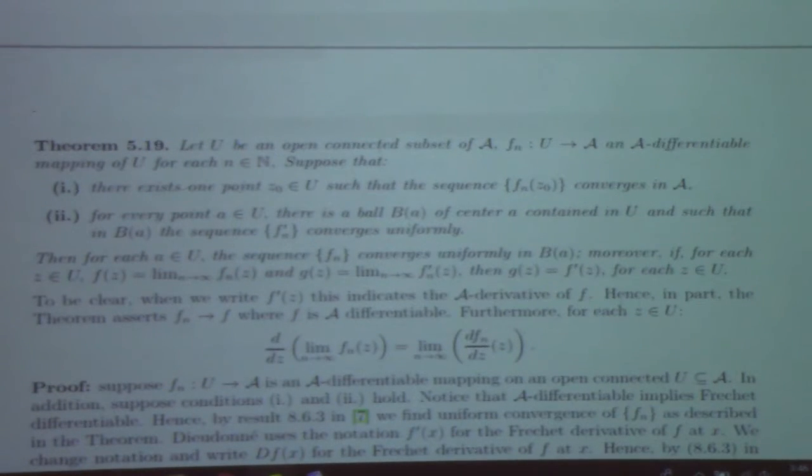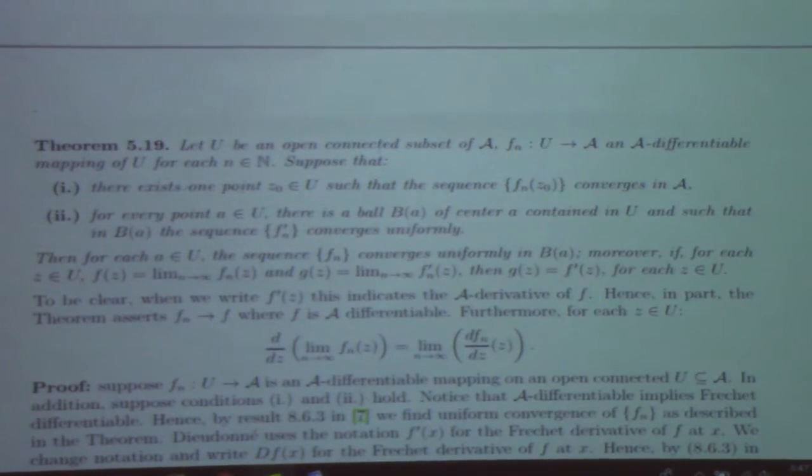If you have a sequence of functions and you want the limit function to also be differentiable, if you assume that the functions are uniformly convergent, that's not enough. There are sequences of uniformly convergent functions whose limit function is not differentiable, despite the fact that the whole sequence of functions is differentiable. It's just nasty. Differentiation is hard to get in the limit function. It's a well-known problem of real analysis.